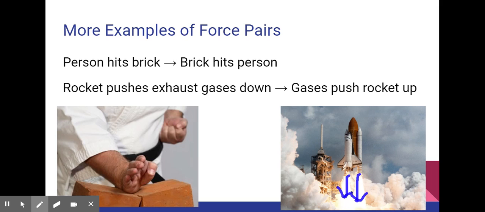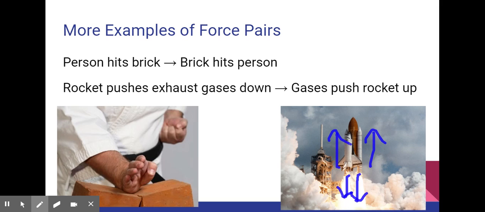The gases are pushing downward, and that means that the gases are pushing the rocket up. So the rocket is pushing the gases downward, and the gases are pushing the rocket up. And yes, the gases are pushing on the Earth, and the Earth is pushing back on the gases, but that's not the only mechanism for how a rocket works, because we have rockets that work in space, and they're not really pushing against anything. It's space, man. There's not much out there. I mean, there's a lot out there, but there's a lot of space between stuff.